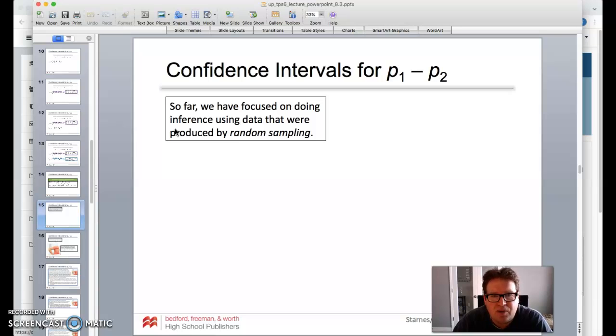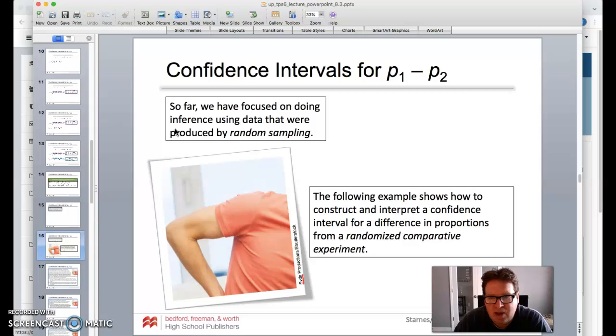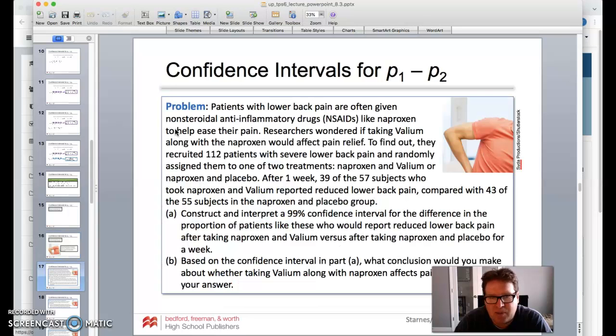So far we've focused on doing inference using random sampling. In this case, we're going to do a randomized comparative experiment. We're going to take a look at some back pain. Patients are often given non-steroidal anti-inflammatory drugs like naproxen to help ease their pain. Researchers wondered if taking Valium along with the naproxen would affect pain relief.